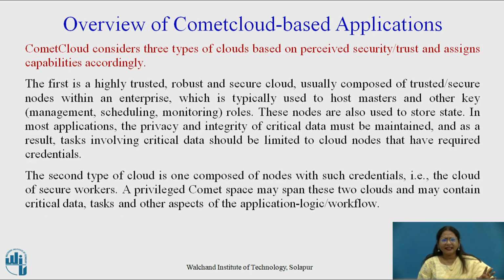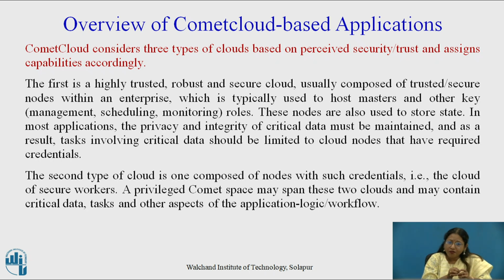Now we will take in a slide the overview of a CometCloud based application. CometCloud considers three types of cloud based on perceived security and trust, and assigns capabilities accordingly. The first is a highly trusted, robust and secure cloud, usually composed of trusted nodes within an enterprise, which is typically used to host the master.